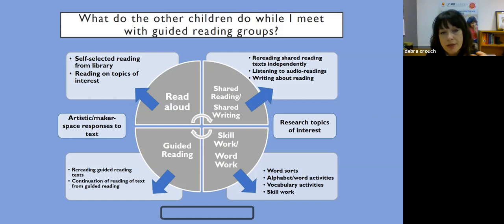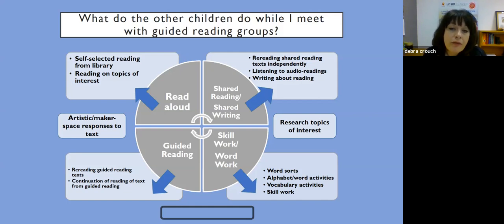A couple of other things that we want to think about is making sure that we have some type of a place where kids can respond to text that's not written, an artistic or a makerspace kind of place where kids can go out and transform the ideas and thinking that they have started in guided reading with the text that we're using.